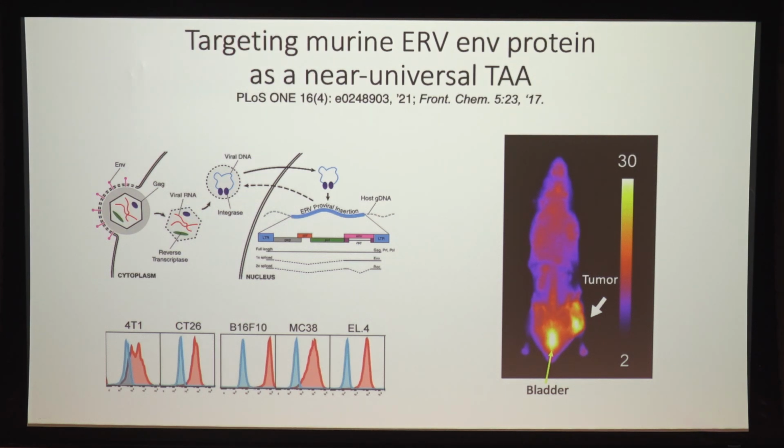In that publication, we also showed through the cryofluorescence tomography experiment that we would get pretty strong localization of an antibody against that ONV protein to the tumor, and this is just probe from the antibody that's been released. Interestingly enough, these targets are also present in humans, and there are at least a couple of startups pursuing immunotherapies towards these ERV antigens in human cancer.